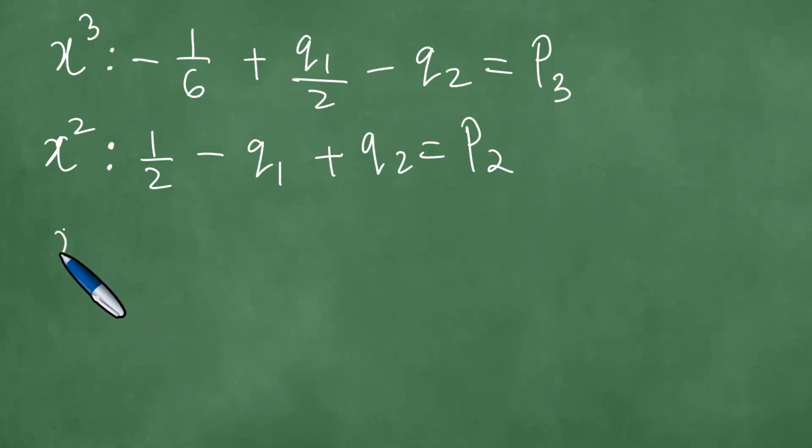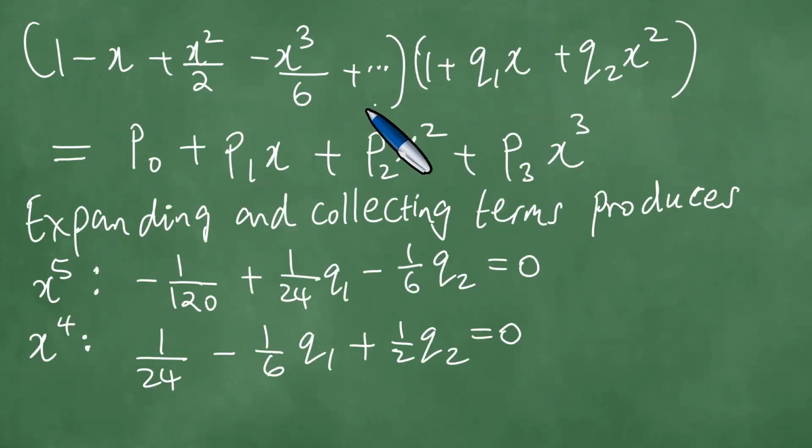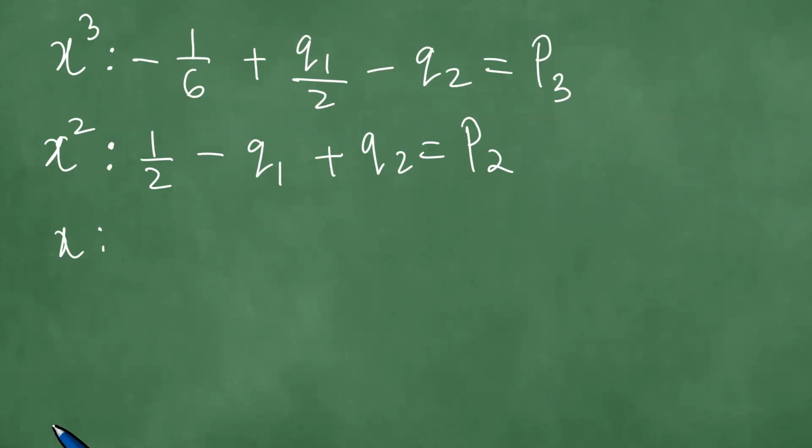And then there's going to be the linear one, x. For x it's going to be 1 times minus x, so it's going to be minus 1 coefficient. Right.